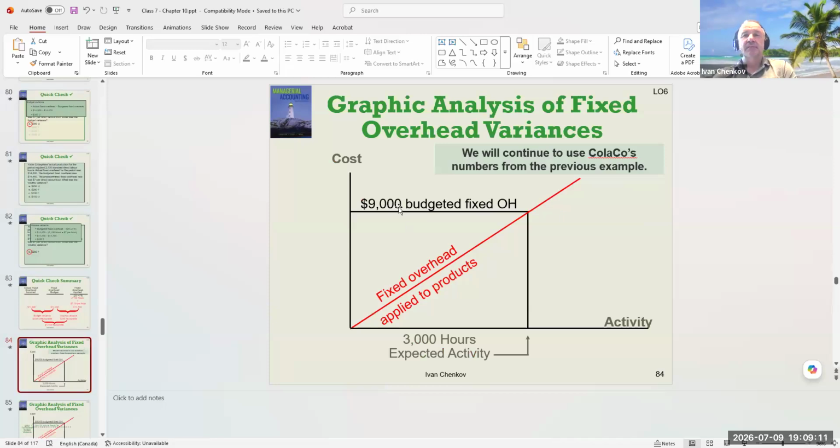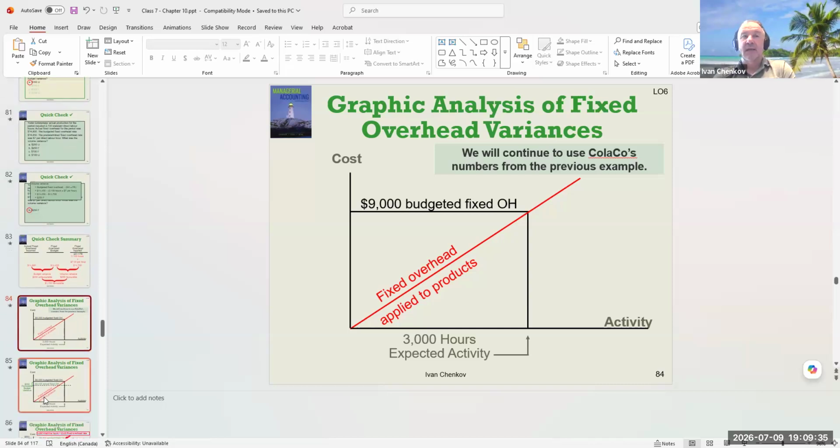So in reality, our budgeted fixed overhead is $9,000. And that's when we achieve 3,000 hours of activity, which will be the denominator activity. That's how we're supposed to apply the overhead to our products.